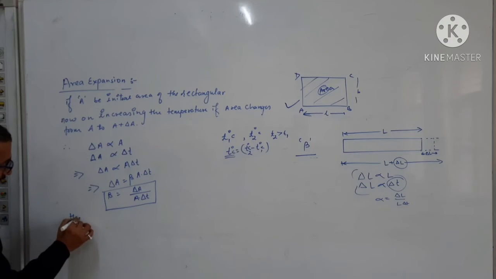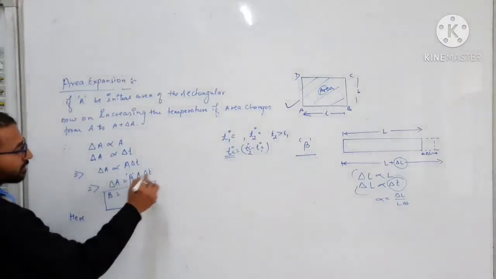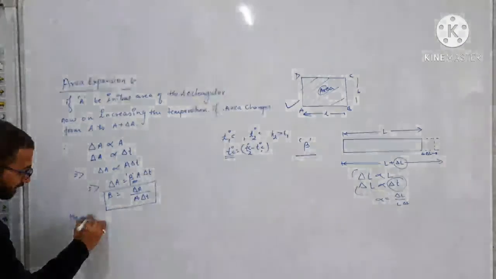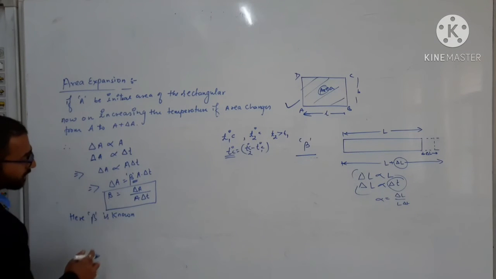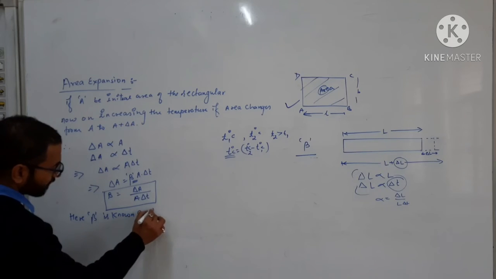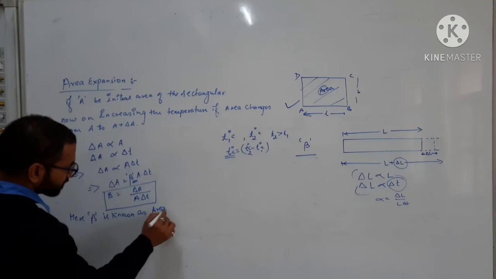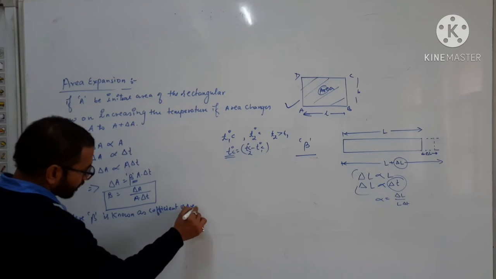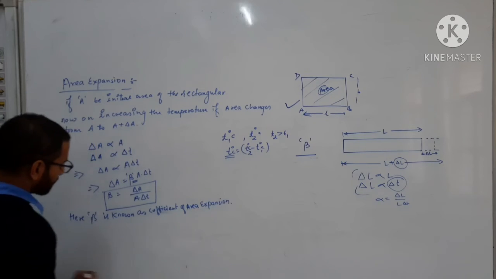Here beta I consider as the proportionality constant known as the coefficient of areal expansion, coefficient of area expansion. Point clear?